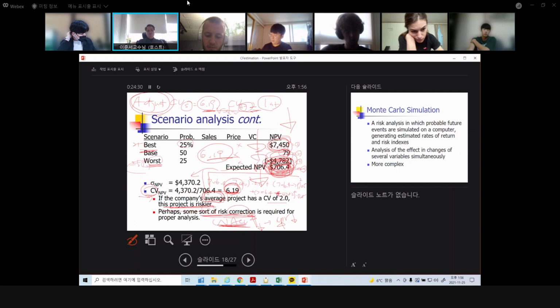Right? So the final purpose is different. The purpose of sensitivity analysis is to identify the most sensitive variable, okay? But the purpose of scenario analysis is to change the net present value by using some risk correction, if that project's riskiness is higher than the average project riskiness conducted by the same company.